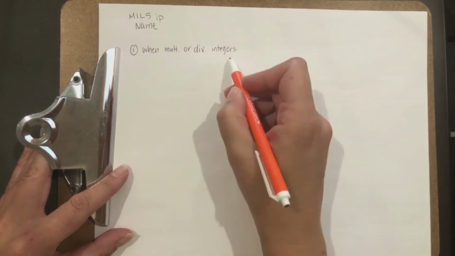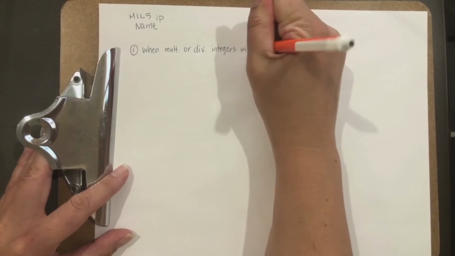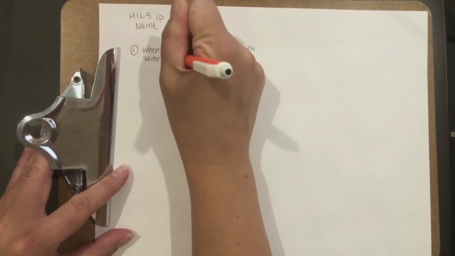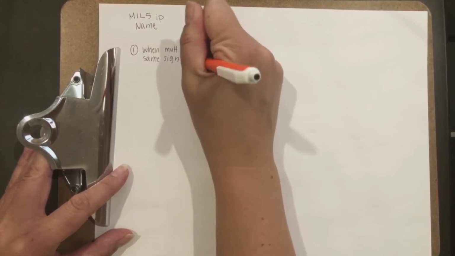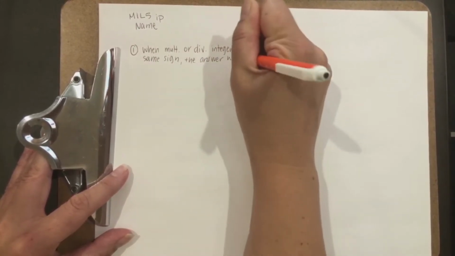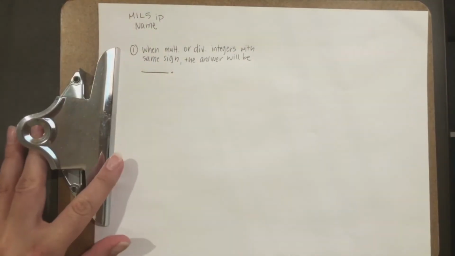When multiplying or dividing integers with the same sign, the answer will be blank. All right, so we got to figure this out.